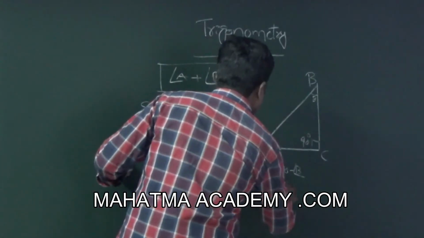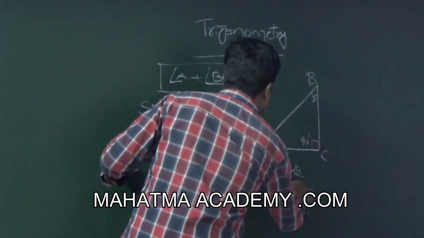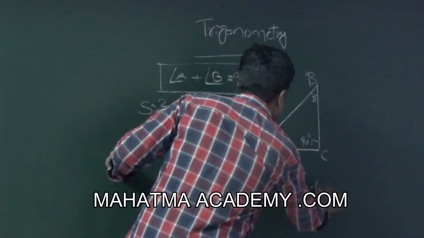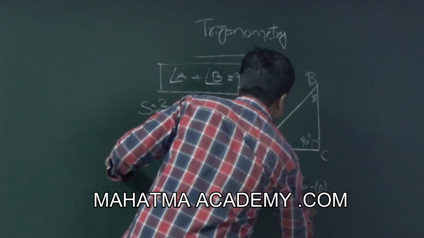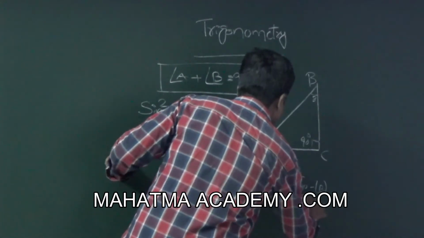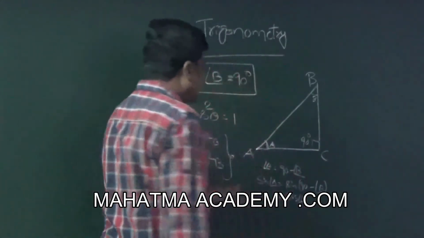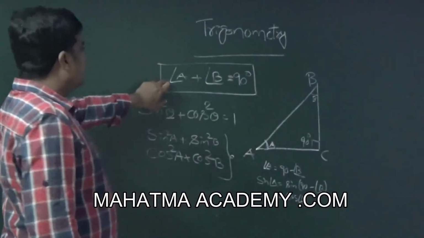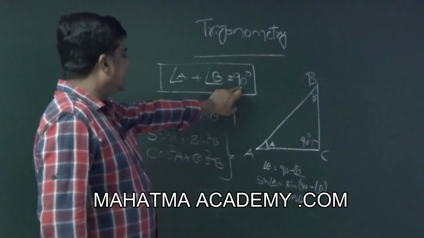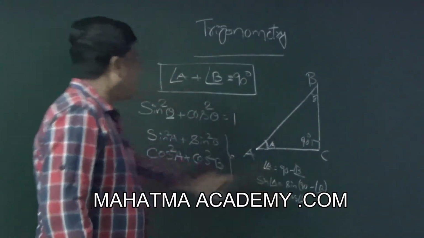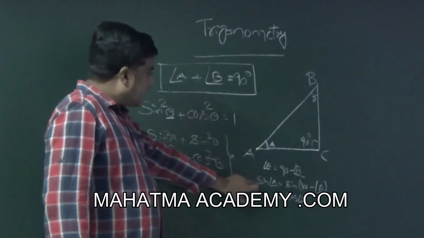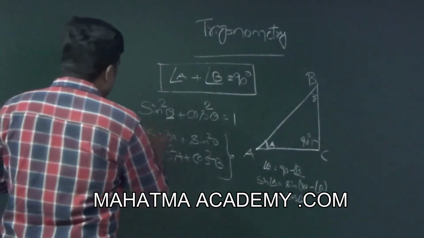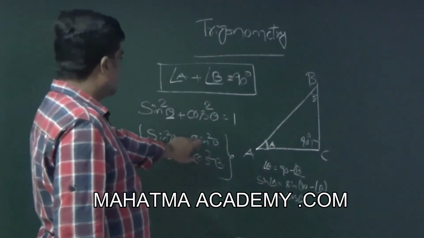Sin A equal to sin of 90 minus B, which is equal to cos B, since sin 90 minus theta equal to cos theta. Therefore, if A plus B equal to 90 degrees, sin A equal to cos B, and similarly cos A equal to sin B.